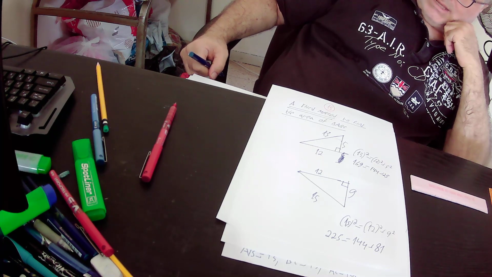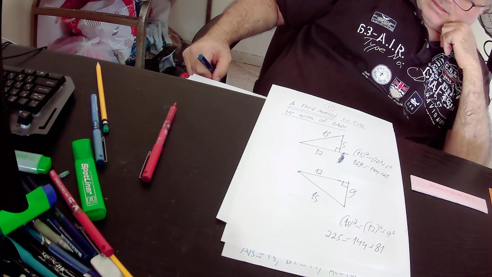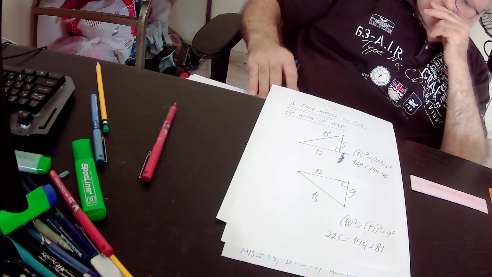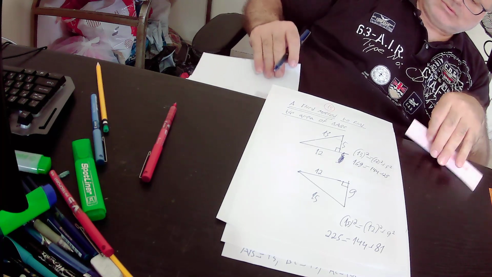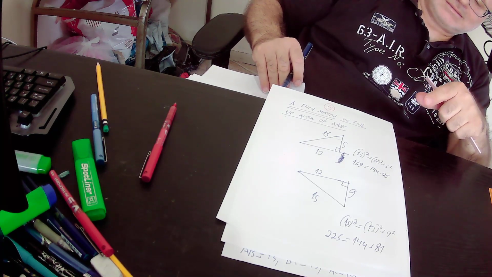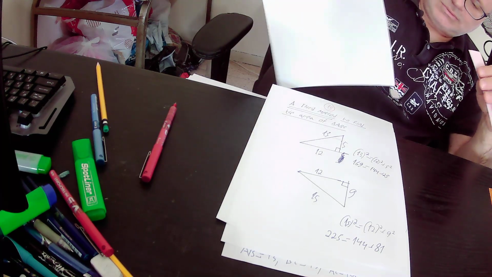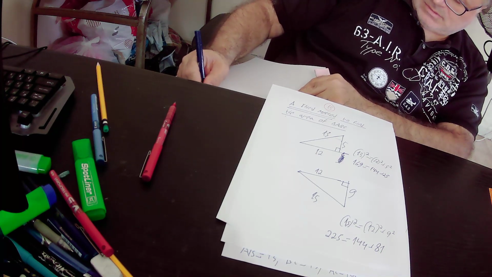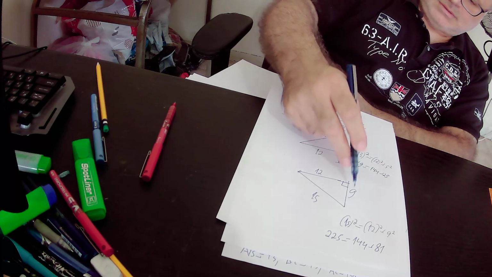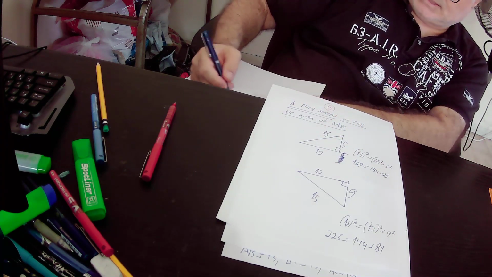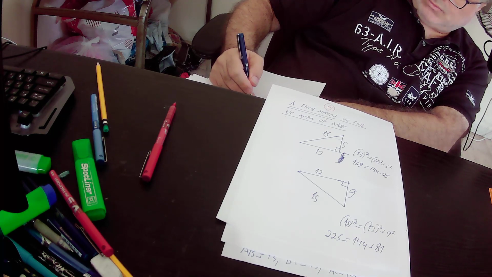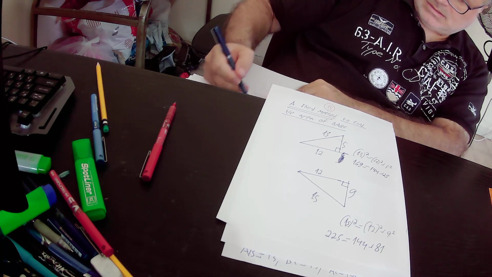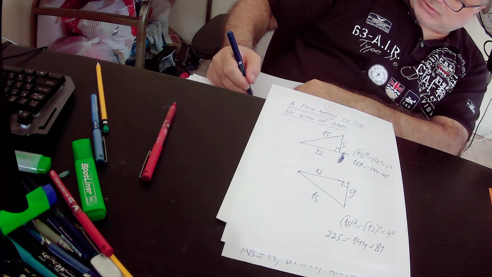So actually, if we combine together those two right triangles, we will get triangle ABC, because here we have 9 plus 5 is 14, so this side will be equal to 14 units. This side will be equal to 13 units.